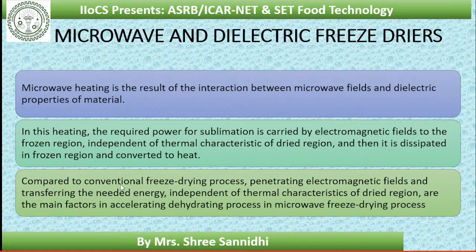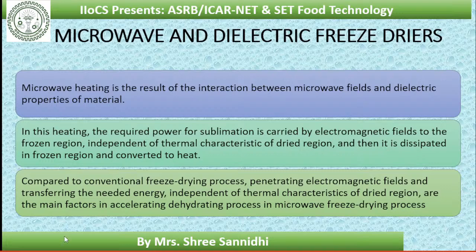Compared to conventional freeze drying process, penetrating electromagnetic fields and transferring the needed energy independent of thermal characteristics of dried region are the main factors in accelerating dehydrating process in microwave freeze drying process. So here in this process you don't have to worry about the conductivity of a particular food.